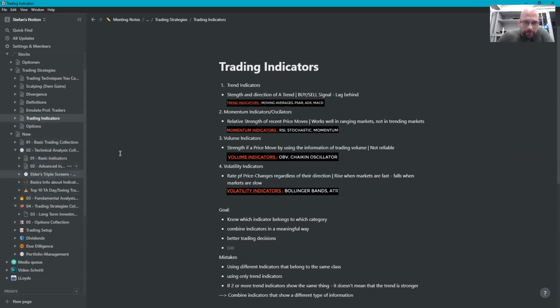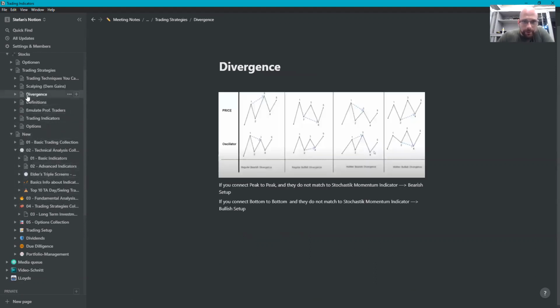And I have to check the divergence. Yes, here. Sorry about that. That's a quick cheat sheet about divergence, this time with an oscillator, but you can replace that with stochastics or MACD, it doesn't matter. Here you see the 4 different types: regular bullish and bearish divergence, and hidden bearish and bullish divergence.